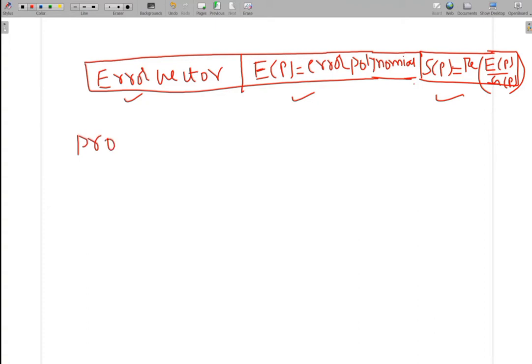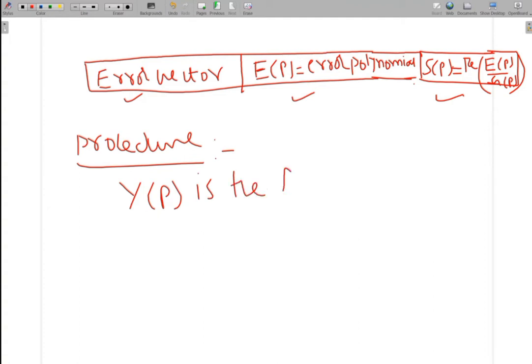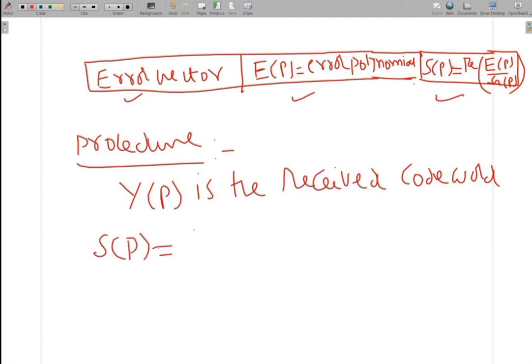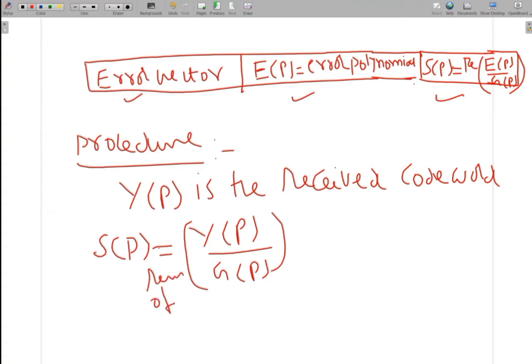Procedure: y(p) is the received code word of the cyclic code, and calculate the syndrome S(p) for this received code word. S(p) is equal to y(p) by g(p), that means the remainder of y(p) by g(p).